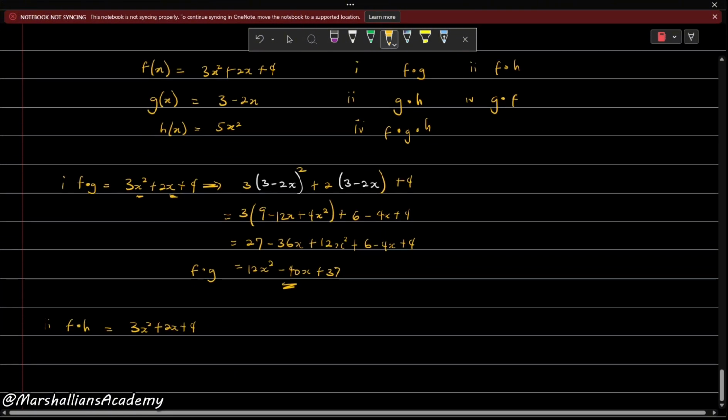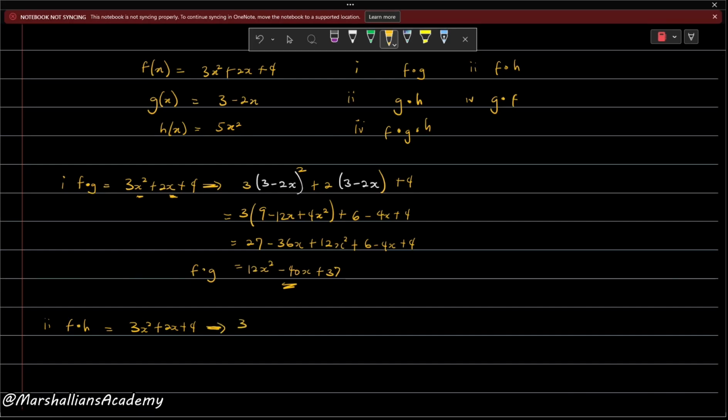Then inside every x variable, I'm going to be putting h's function, which is going to be 3 into bracket 5x squared, squared. Are we together? Plus 2 into bracket 5x squared, plus 4.